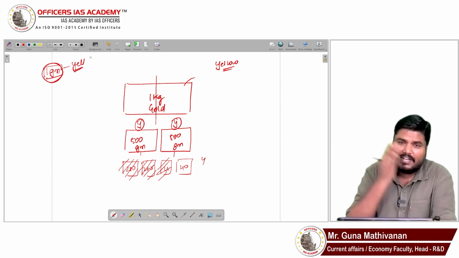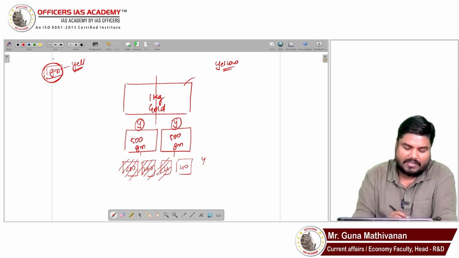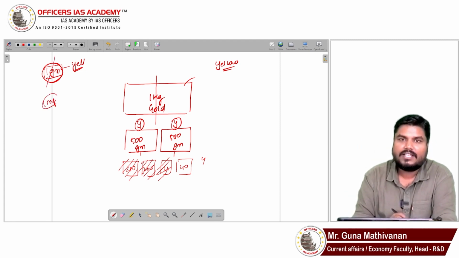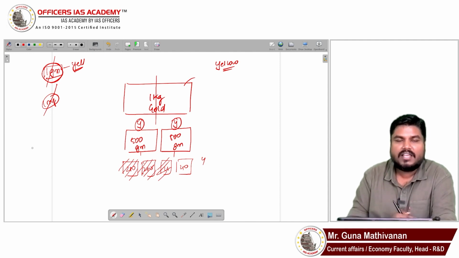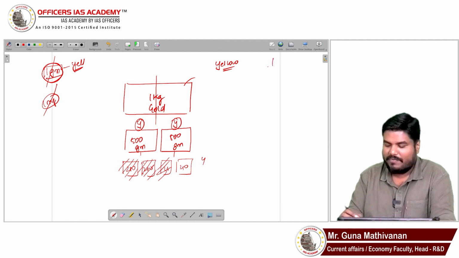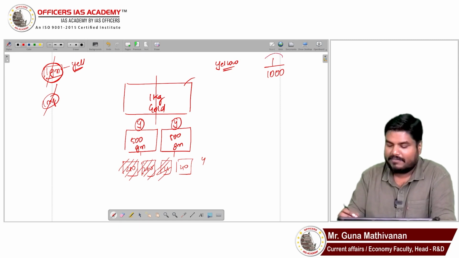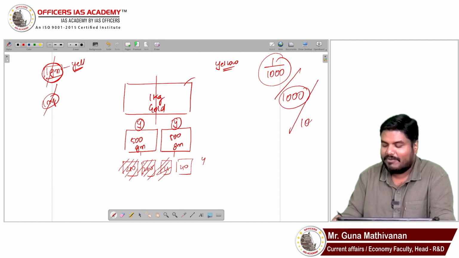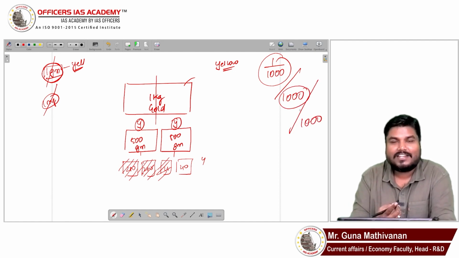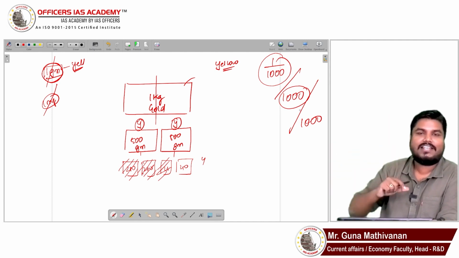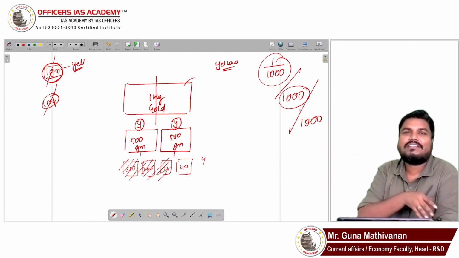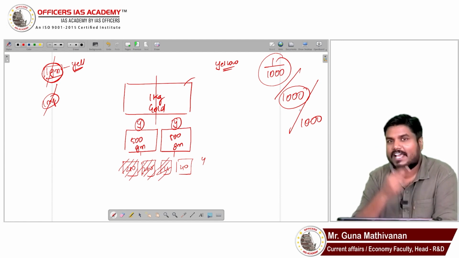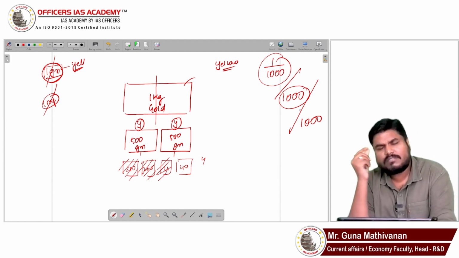But if I divide it further, 1 gram into 1 milligram, I am going toward the nanoscale. Dividing by 1000 gives the milliscale, dividing that by 1000 gives the microscale, and dividing that by 1000 gives the nanoscale, 10 to the power of minus 9. Our human cells are of that nanoscale. Imagine I am dividing the gold into such a small piece.